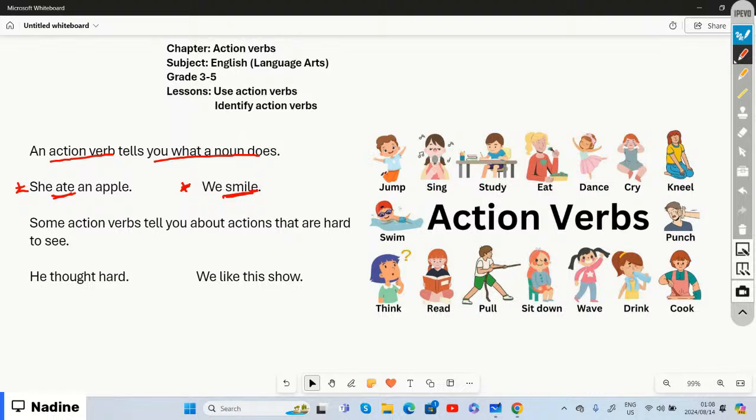All right, so some action verbs also tell you about an action that is hard to see. An example of that is he thought, like you are thinking about it. He thought hard, or he thought long and hard.